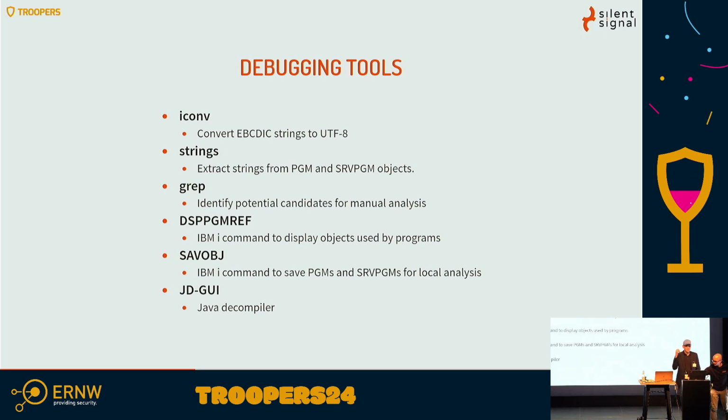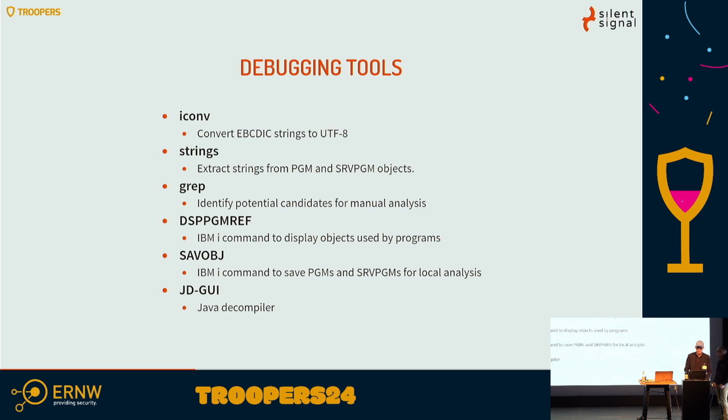These basic tools are surprisingly effective in discovering potential vulnerabilities in PGM and SRVPGM objects. IBM i uses the EBCDIC character encoding scheme, therefore I need a converter to view strings in a human-readable format. Strings and grep commands are used for collecting, searching, and filtering.